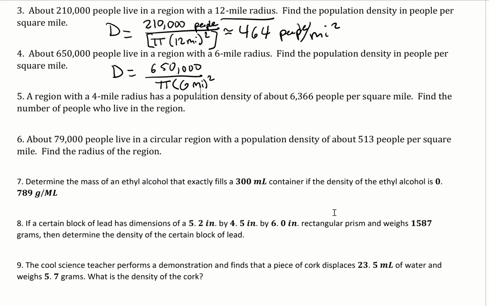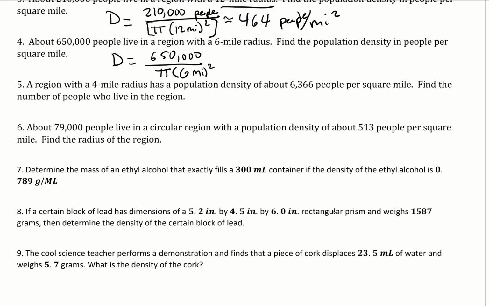For number 5, a region with a 4-mile radius has a population density of about 6,366 people per square mile. Find the number of people who live in the region. This time they give you a density, so we're going to plug this in. The density is D, this is the radius, and we're looking for the population.